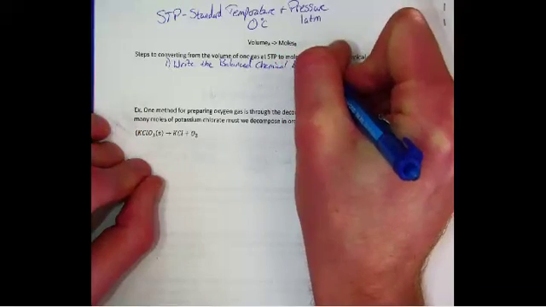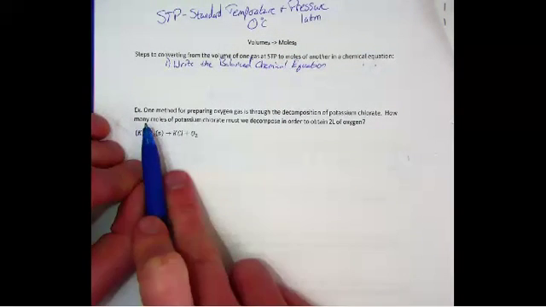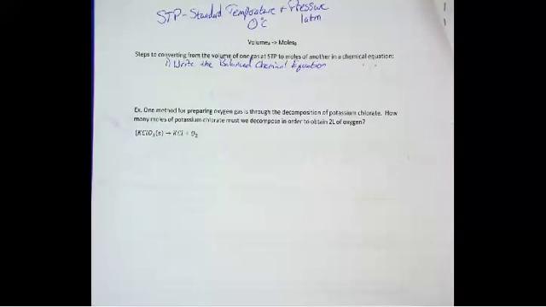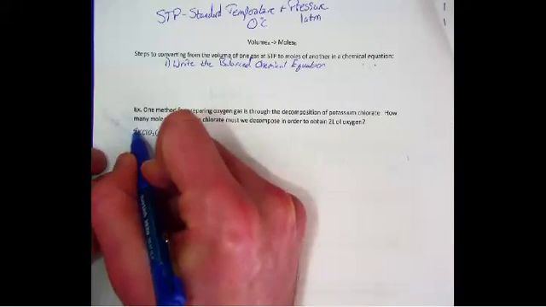All right, so here's our sample problem. One method for preparing oxygen gas is through the decomposition of potassium chlorate. So sometimes if a chemist needs to produce oxygen gas, they will decompose potassium chlorate. How many moles of potassium chlorate must we decompose in order to obtain 2 liters of oxygen? Here's our equation.